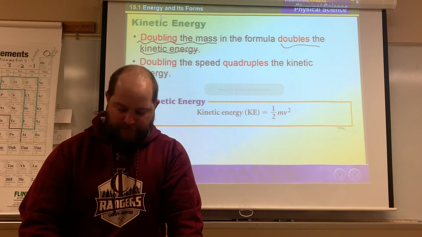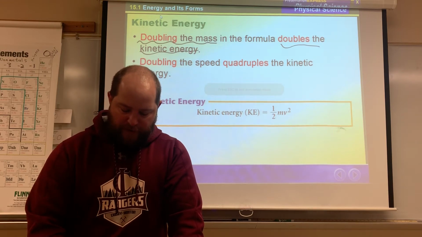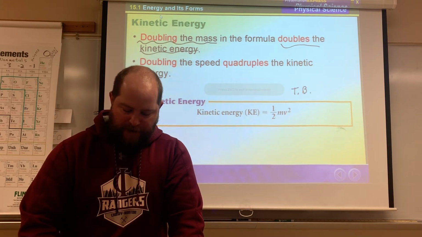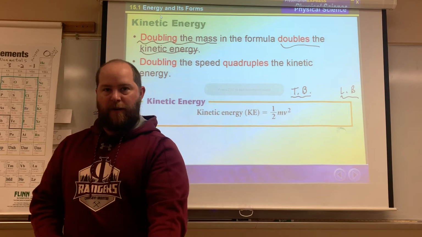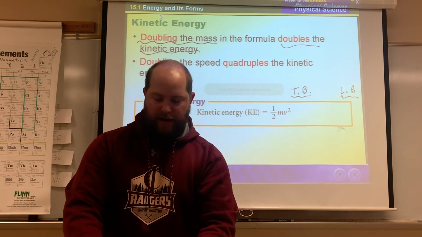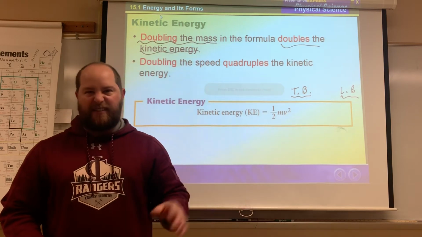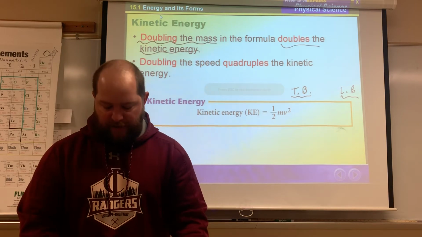Let's prove it. I'm just going to go TB for tennis ball, LB for lacrosse ball, and let's say they're falling at the same speed. Just for simplicity, I'll call it a speed of 10.